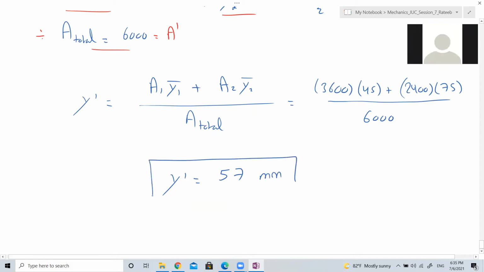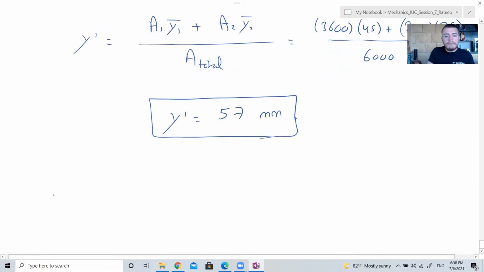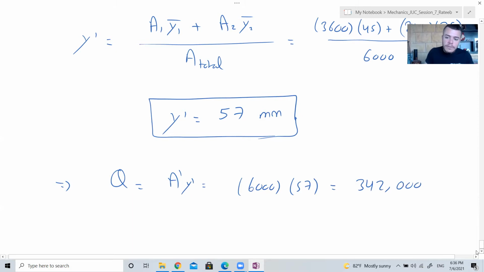Yes. 57 millimeter. So now we can find Q, which is A prime times y prime, which is 6,000 times 57, which is 342,000.